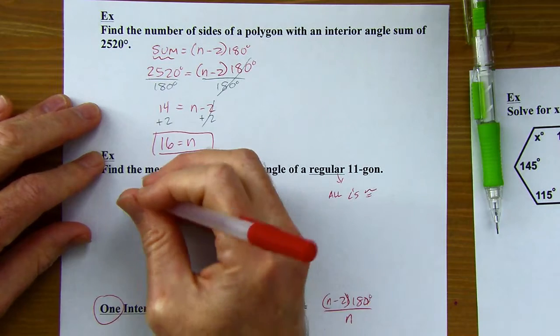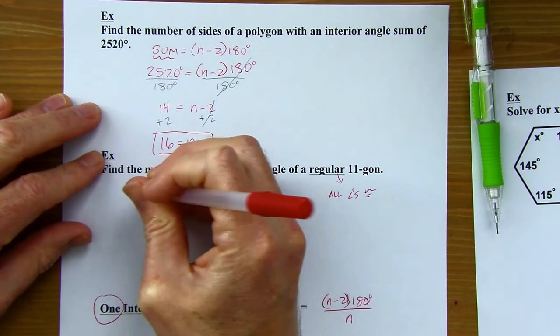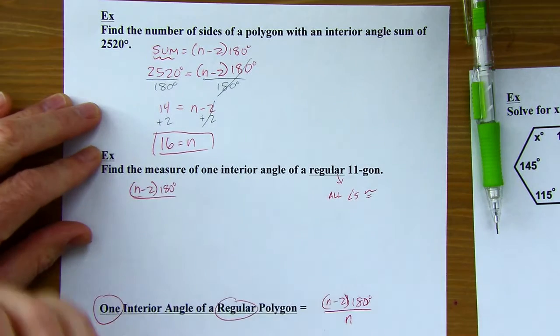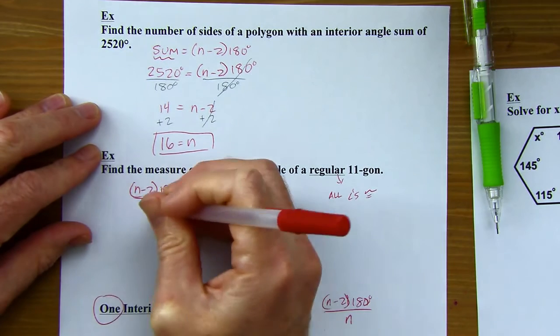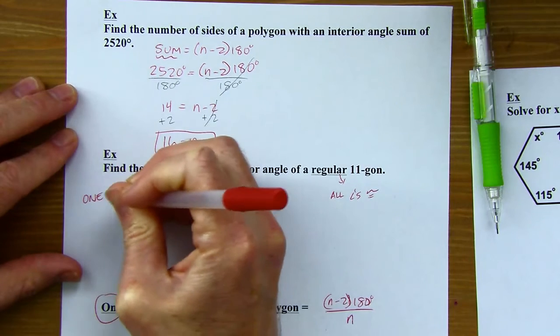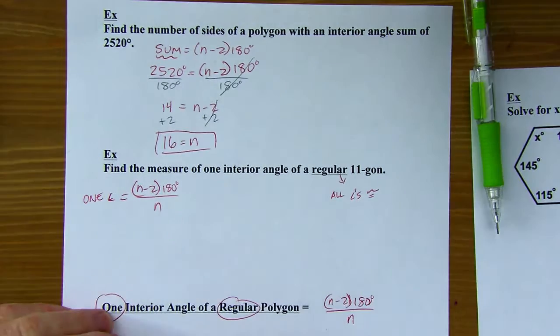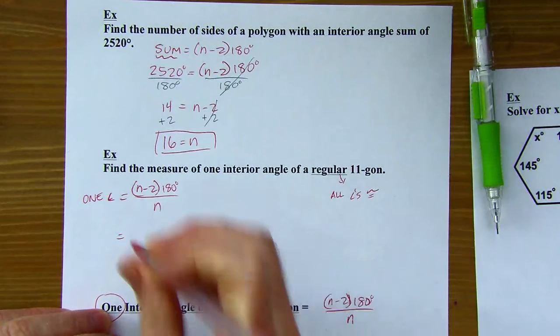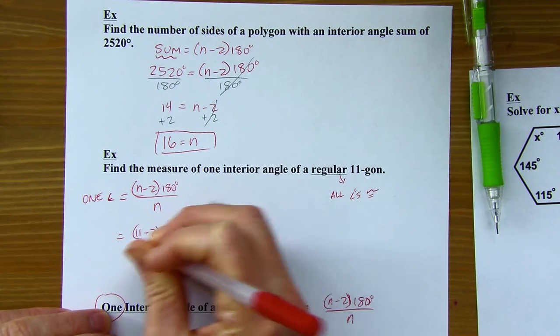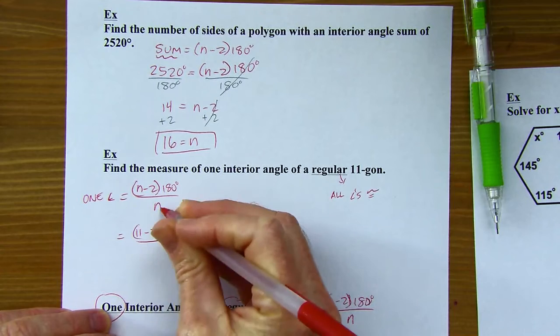So I'm going to use n minus 2 times 180 degrees over n. I'm just going to say one angle is going to equal this. All right, so n here would be 11. And then I'm going to put 11 in the bottom as well.